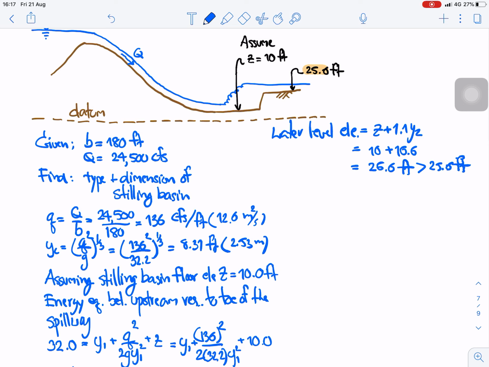So we expect that if this is above the tailwater level, the jump will sweep out of the basin, and this is called erosion on the downstream channel. So you have to repeat the calculation again with a lower basin level.